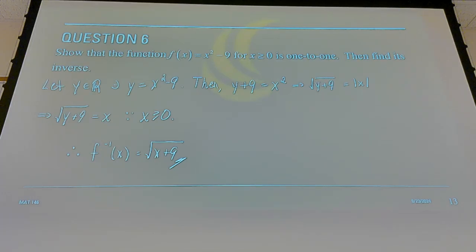Remember, the inverse flips the roles of domain and range. So the domain of the inverse would be the range of the original function. I wonder if that's important later.